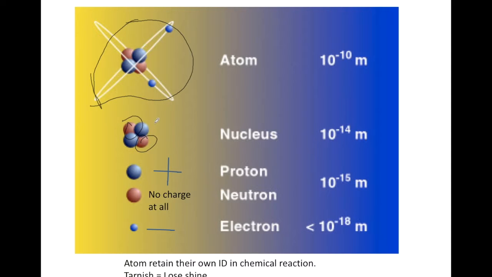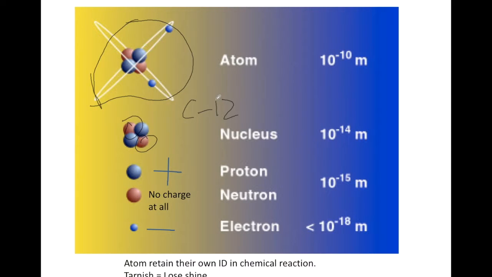Atoms can be of the same element, but they can have different numbers of neutrons. If we look at carbon 12, 6 neutrons is enough to hold the 6 protons together.